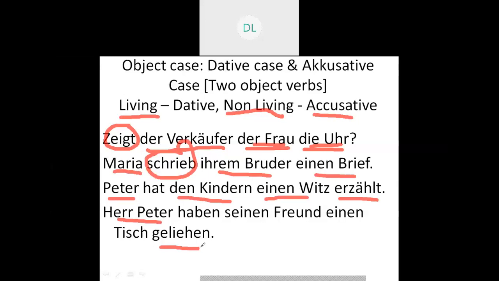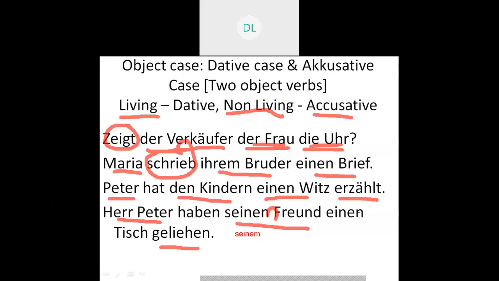Leihen, to lend, is your double object verb. So here also again living and non-living. Seinen Freund is the object, that is a living one. So here it has to be seinem. By mistake I wrote it incorrectly, it will be seinem Freund.